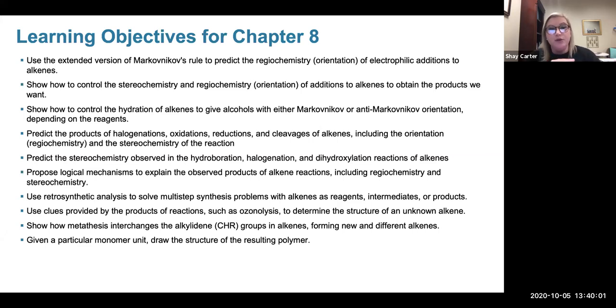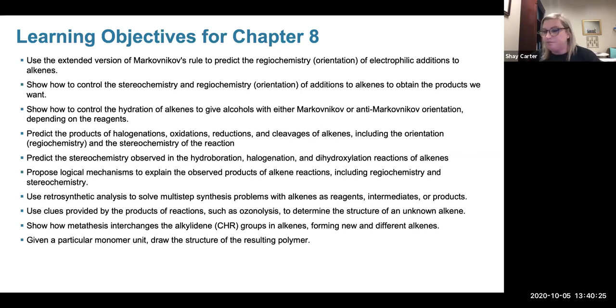We're going to use clues provided by the product of reactions to determine the structure of an unknown alkene, and also show how metathesis interchanges the alkylidene groups in alkenes, which form new and different alkenes. And then we're also going to talk very briefly about polymers.